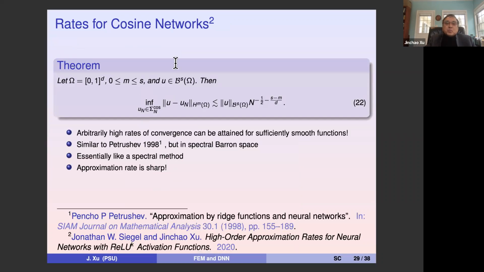Let me just summarize this. For the cosine network, you can get as high as you wish, as long as you have enough regularity. This is like the polynomial, and it's not surprising, but we managed to present it in the correct setup using this Barron space, we call it spectral Barron space.